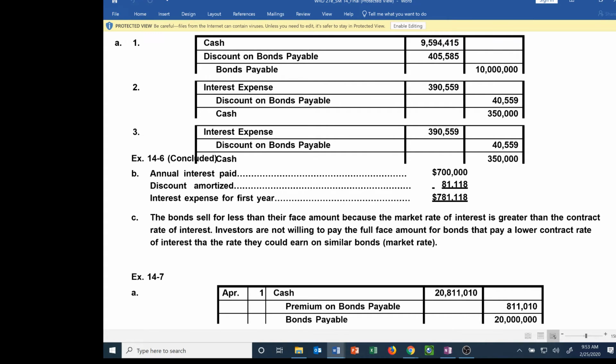All right? Now, we're gonna pay interest on these bonds. How much is the interest on the bonds? Is it 7%? Yeah. Half of that is 3.5. Would that be 700,000? Is it 700,000 interest?